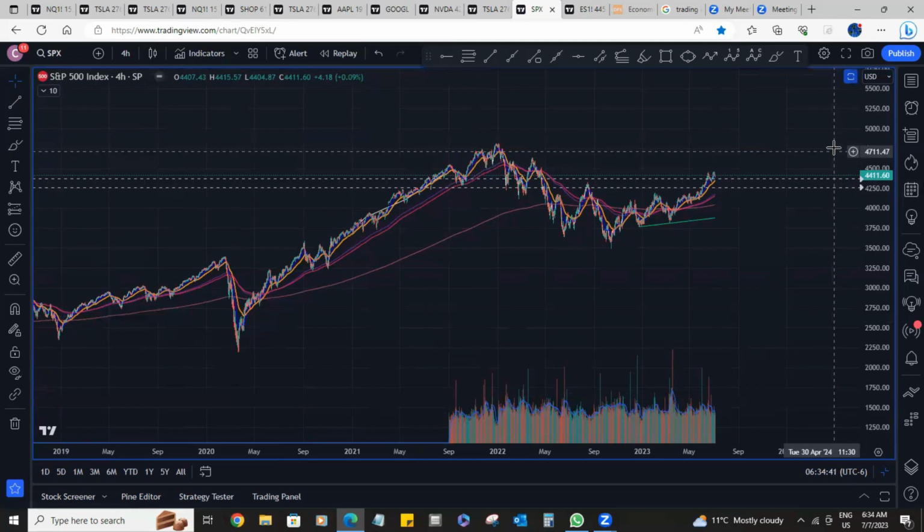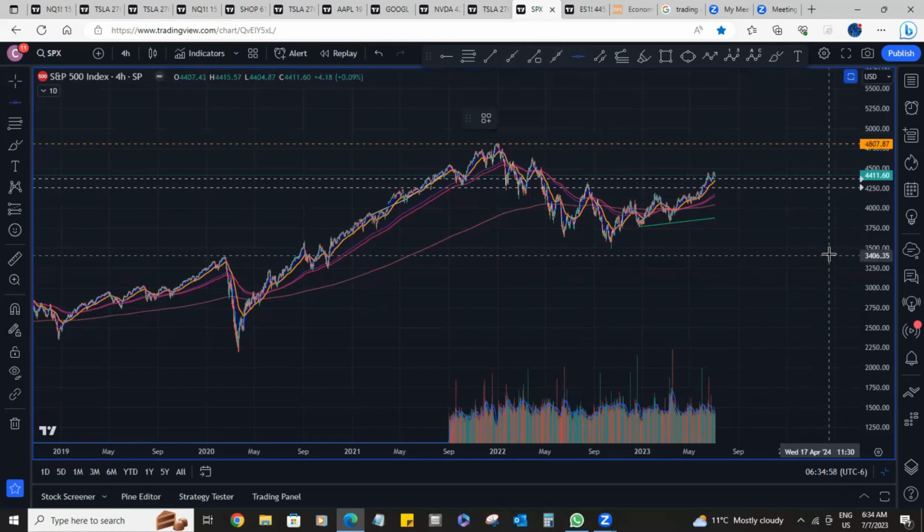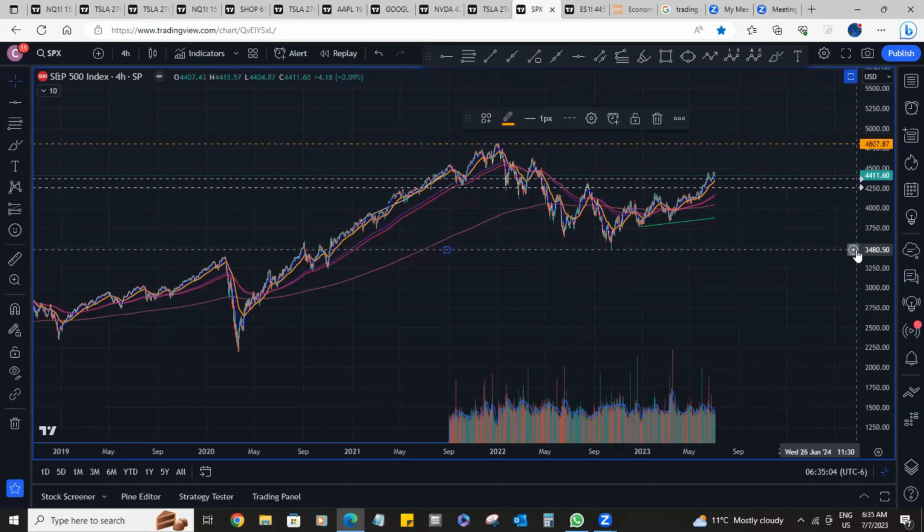Then what I'll do is go out here, and it's not a bad idea to take a horizontal line and put it at the very top, and another at the very bottom of your range. Hopefully we're not going to hit 3480 for quite a while.